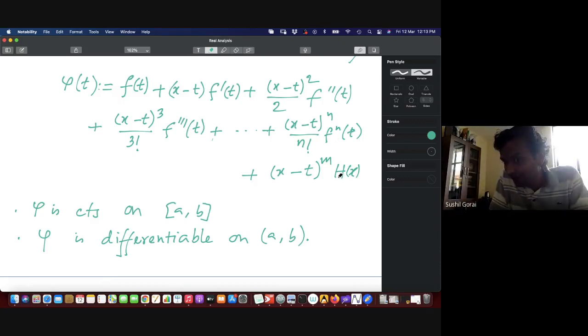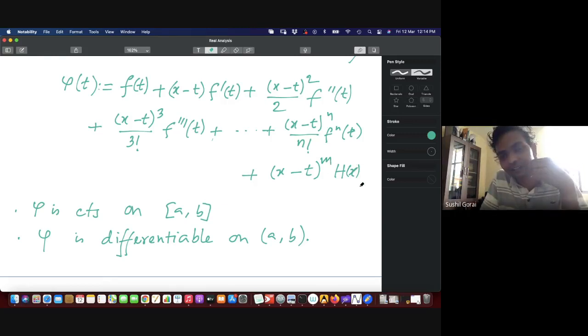So since I was putting h of t here, that would have been a problem. I would not have had access to put m to be n plus 1 if I take t here. That is the reason I wrote m to be less than or equal to n, to make sure that if you go up to n, even then it would be differentiable. But if you go to n plus 1, then you cannot put h of t here. There will be a problem in differentiability.